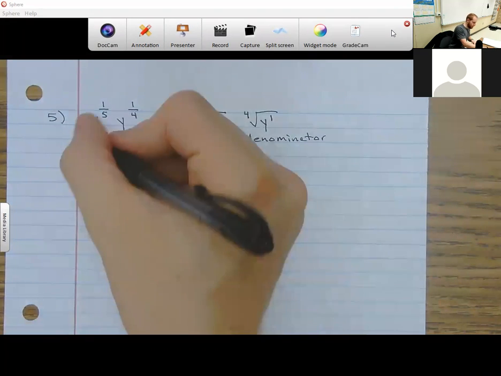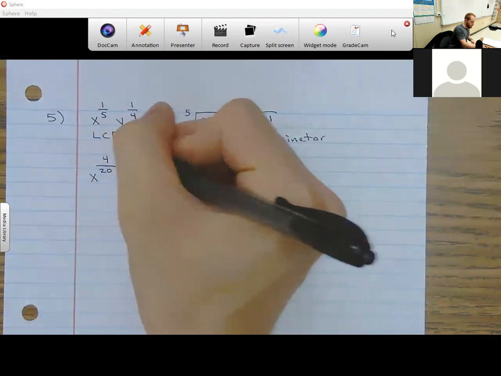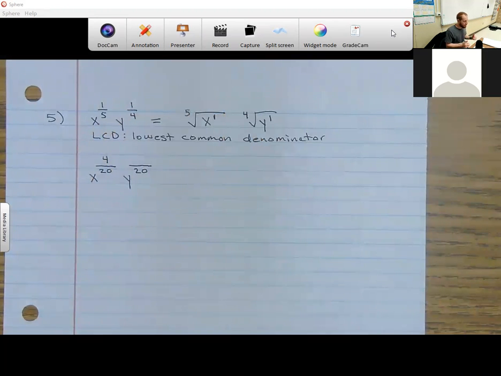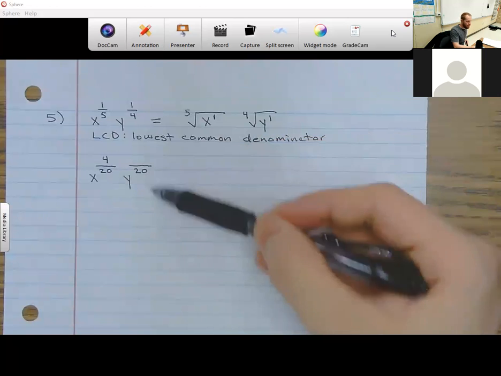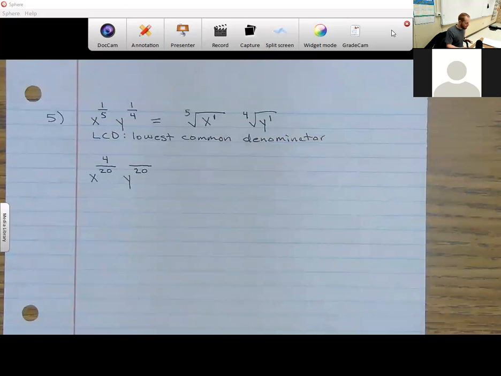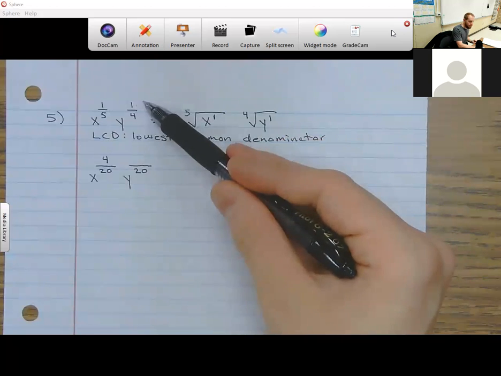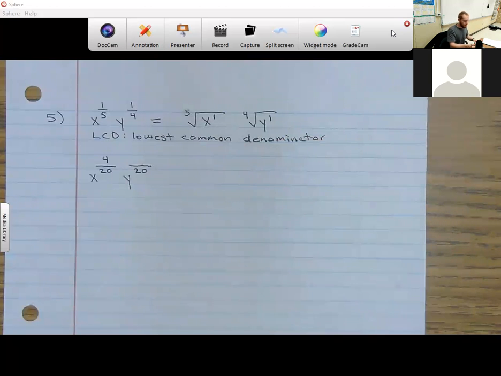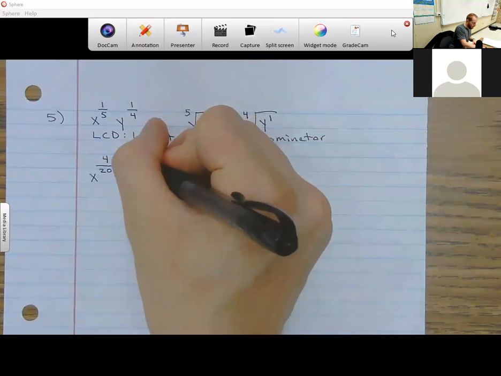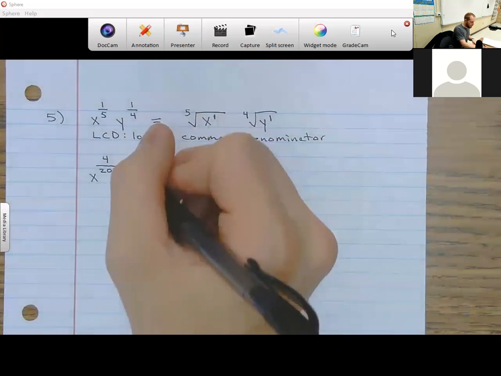That's just 4. So 1/5 is actually the same thing as 4 over 20. Let's look at the y's now. How do I get from 4 to 20? I multiply by 5. So if I multiply by 5 at the top, 1 times 5 is 5. So now I've got that common denominator going.